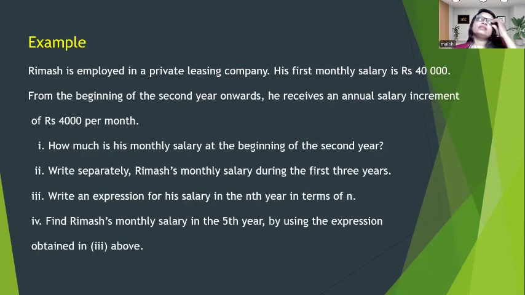Okay. This is another example. Rimash is employed in a private leasing company. His first month's salary is 40,000 rupees. From the beginning of the second year onward, he received an annual salary increment of 4,000 per month.